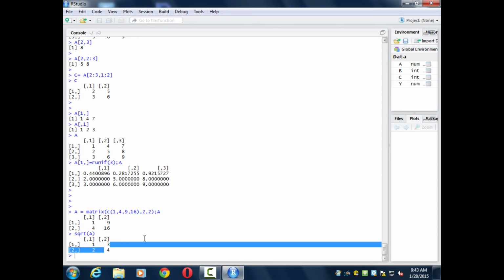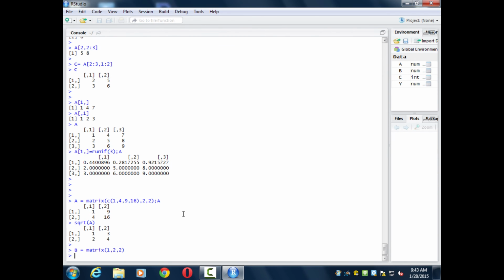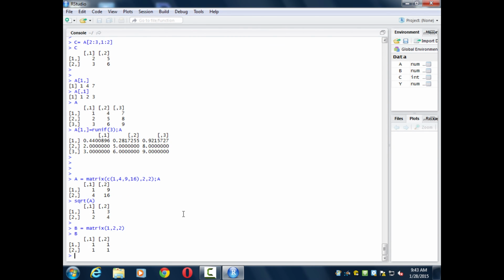So we could define another matrix B. I'm going to say this is 1, 2, 2. So here's the matrix B. A and B have the same number of elements. They match in number of rows and number of columns.